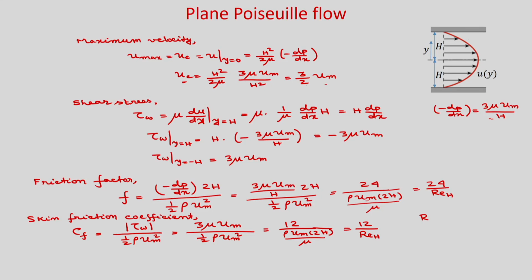So, this is your Reynolds number. It is 2H, sorry. So, this is based on 2H. The Reynolds number we have defined based on the mean velocity um and the channel height 2H.